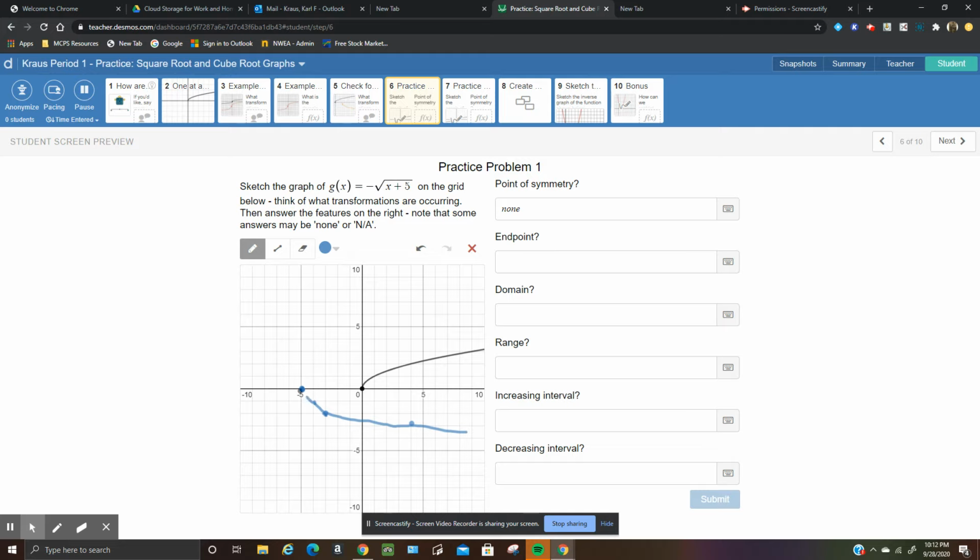All right, let's connect this together a little better. All right, it's not the best graph, but some of you will be able to draw that a little bit better. So endpoint, there is negative 5, 0.